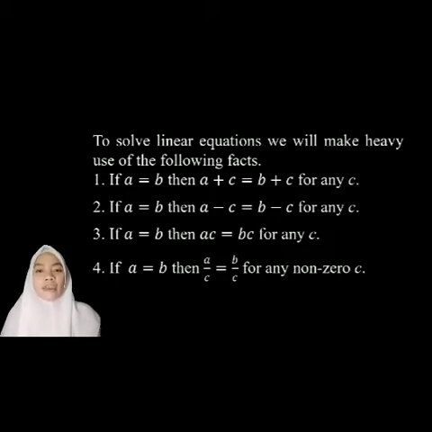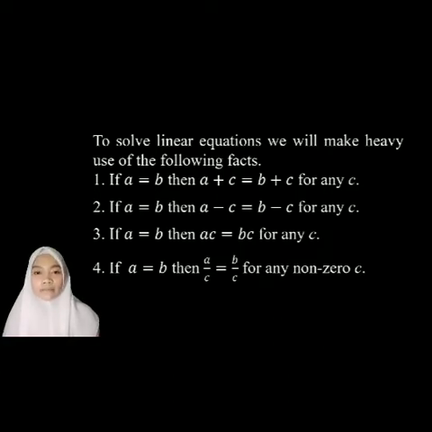4. If a = b, then a/c = b/c for any non-zero c. We can divide both sides of an equation by a non-zero number c without changing the equation.